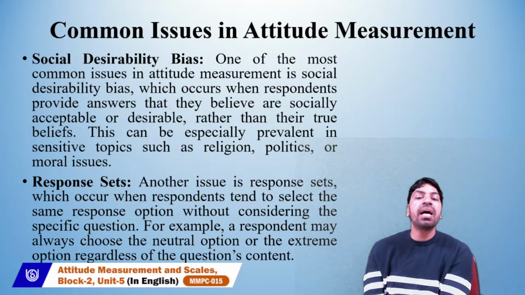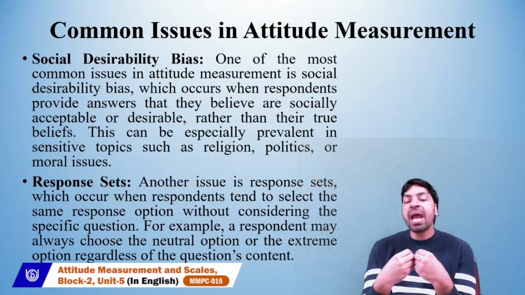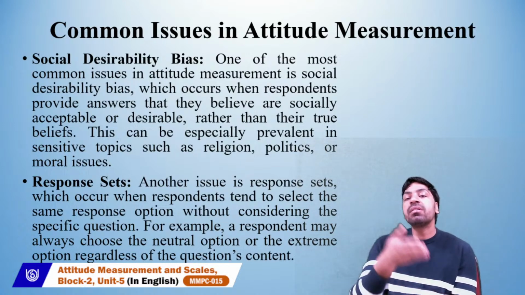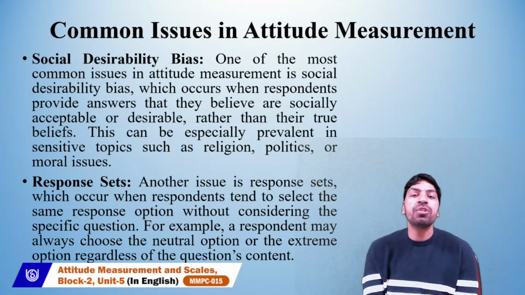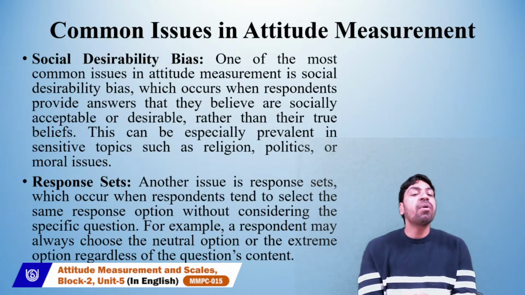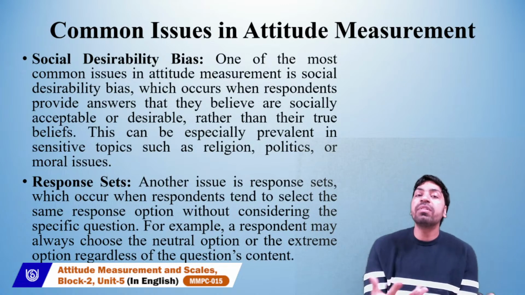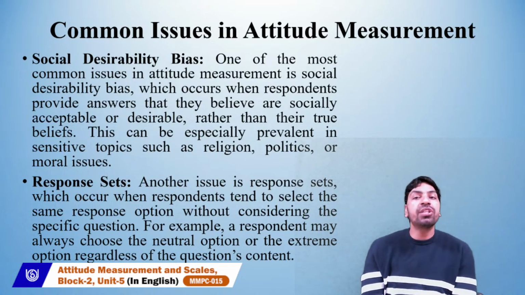For example, a respondent may always choose the neutral option or the extreme option regardless of the question content. So the response set is also one of the common issues in attitude measurement.